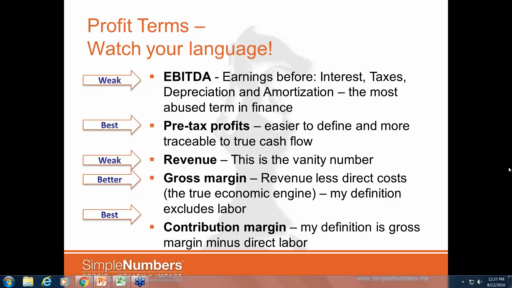So this gives us the terminology, because we want to create that common language that Mike mentioned earlier, so that you can talk to other entrepreneurs and all be on the same page, because ultimately we all want to get to that same place. That's a profitable business that gives us a return on investment. So I'm going to turn it back over to Mike for the next section of our discussion.